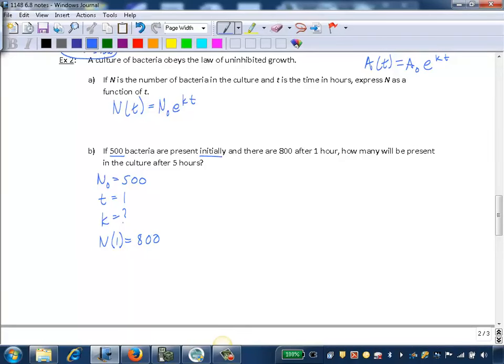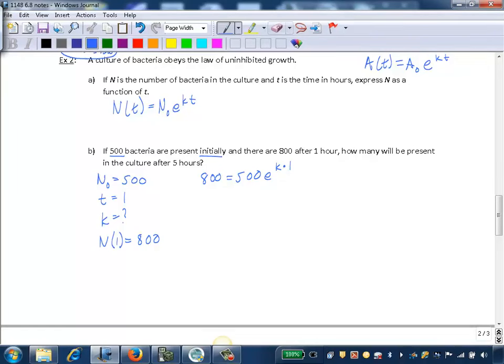So we're going to substitute into our function for everything except k. So we're going to have our n of t will be n of 1, which is 800, equals our original amount, our n sub 0, which is 500, times e to the k times 1, our time of 1.